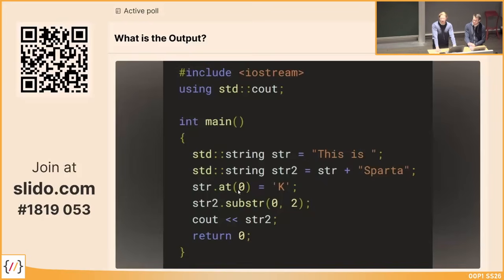Then we access the element at position 0 and assign k to this element at position 0. We perform a substring operation, so we cut a specific part out from this whole string, and then we just print the string.